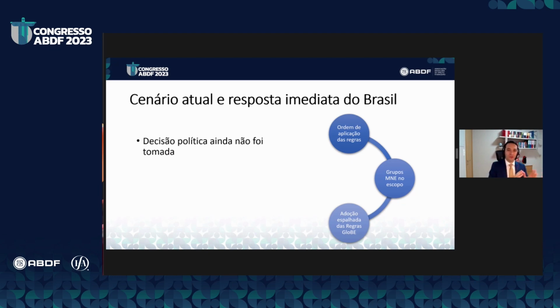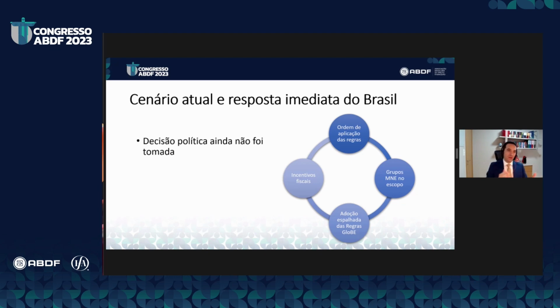O quarto elemento, por favor, mais um clique, que eu gostaria de colocar aqui, são os incentivos fiscais. Porque se eu sei que a ordem de aplicação dá prioridade ao Brasil recolher via o DMTT quando eu sou a jurisdição das constituent entities subtributadas, e se eu sei que eu tenho grupos multinacionais dentro do escopo que atuam no Brasil, e se eu sei que o mundo já está adotando regras Globe, de forma que se eu não exercer a prioridade, outros exercerão, o que eu preciso verificar é se eu estou em situação de subtributação.